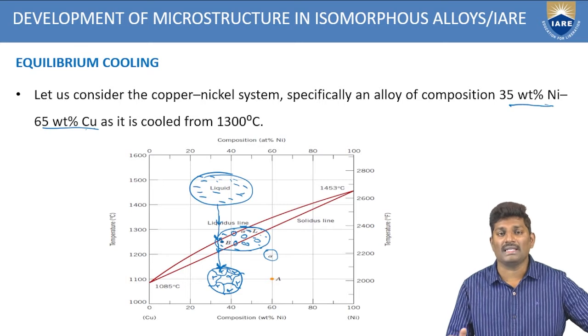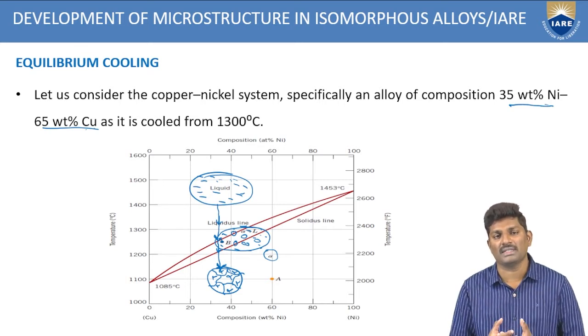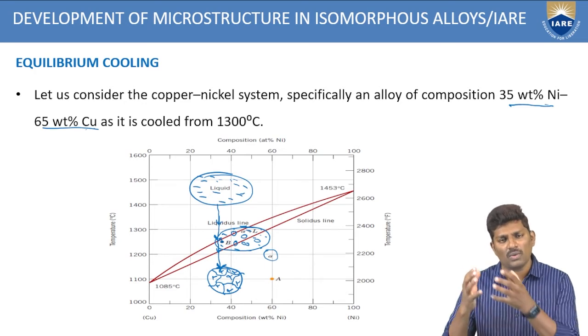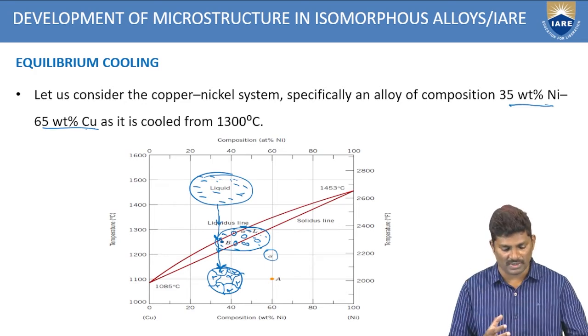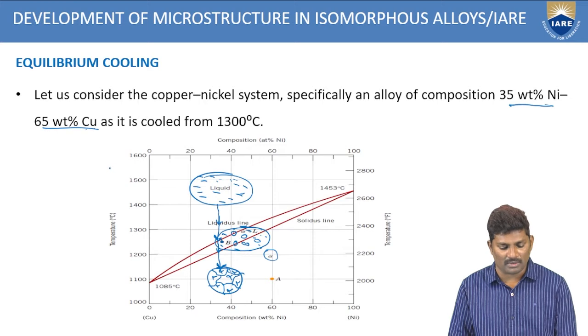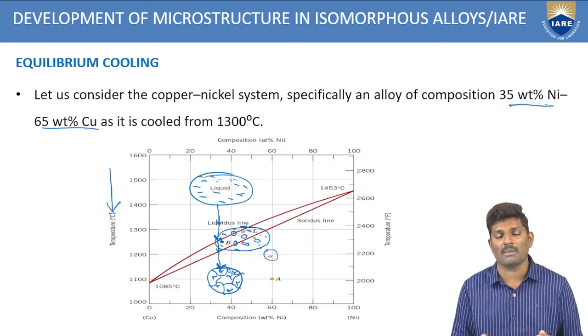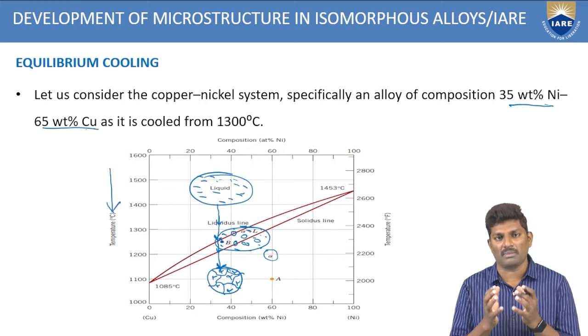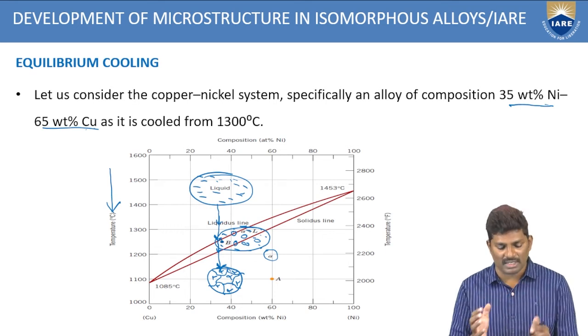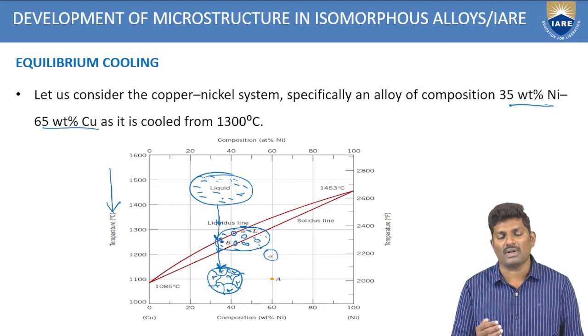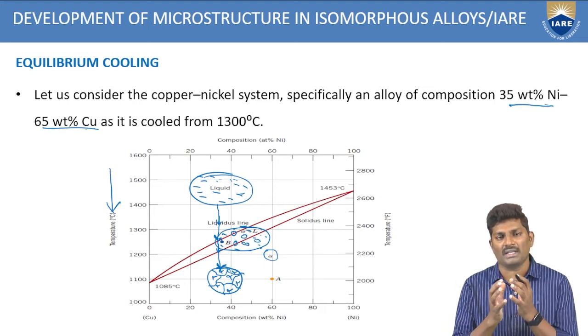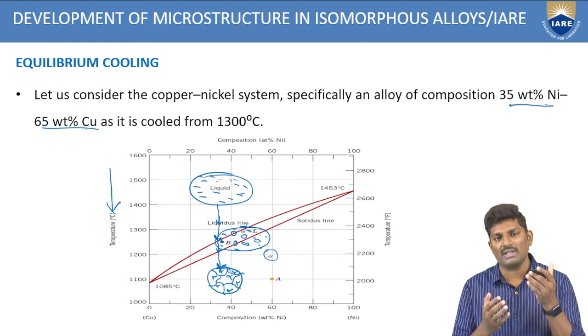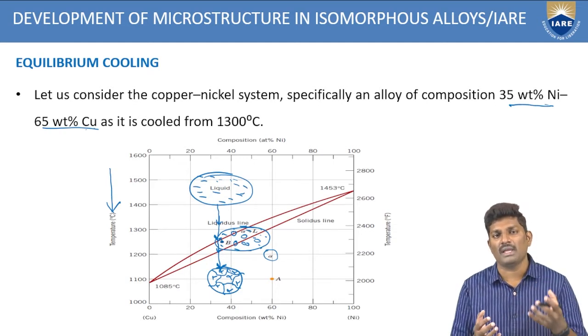Like that, there is a development in the microstructure of isomorphous alloys at equilibrium condition, that means slowly the temperature is getting reduced. As we are decreasing the temperature, the material, whatever composition of nickel and copper it has, is first in the liquid state. After that, if you reduce the temperature, slowly the material gets solidified. So at different stages you have different types of microstructures.